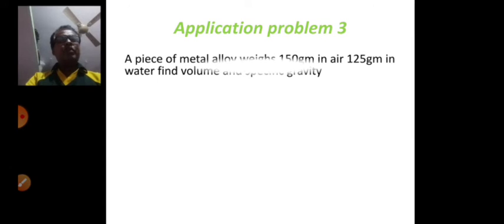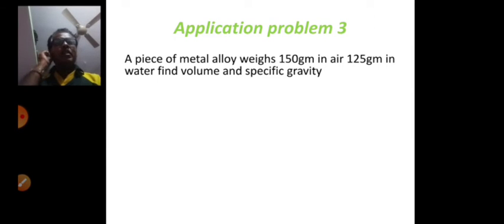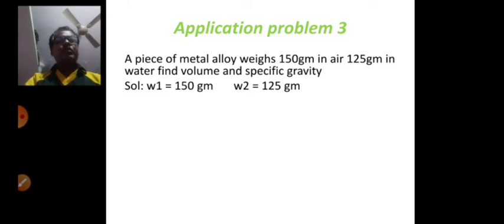Application problem number 3 says that a piece of metal alloy weighs 150 gram in air and 125 gram in water. Find the volume and specific gravity of the metal. Solution. We know that W1 is 150 gram and W2 is 125 gram.